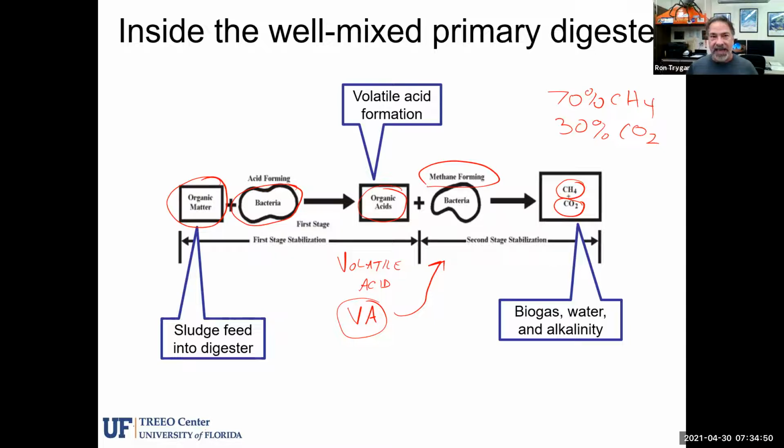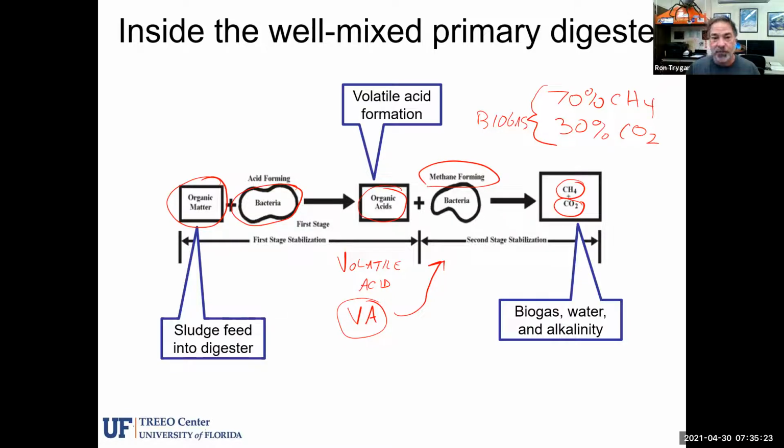And we can gauge the health of the methane formers by this ratio of gas. So we said this was biogas right here. And if the biogas is this ratio or close to it, we know that the methane formers are doing their job and they're probably healthy. But if the biogas starts to be less methane and more carbon dioxide, then we would know that something is not right. That's a good indicator of what's going on inside the digester. That's why we monitor those gases.